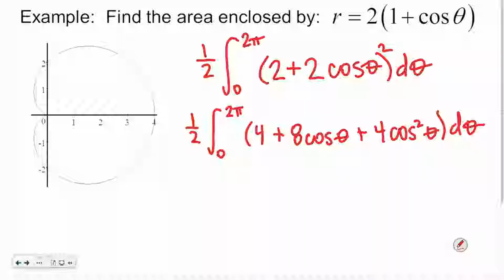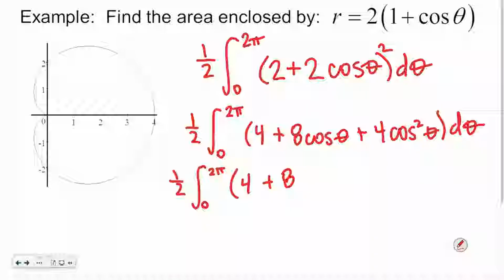Then, can we integrate from here? It's not that hard. We need our power reducing formula, because of the cosine squared. Do you remember it?